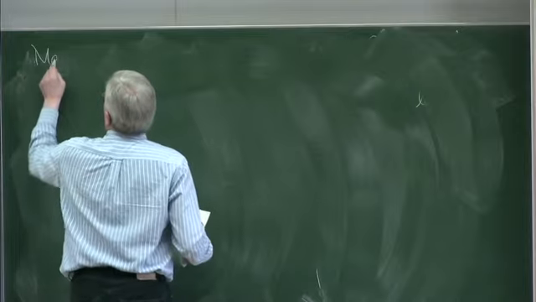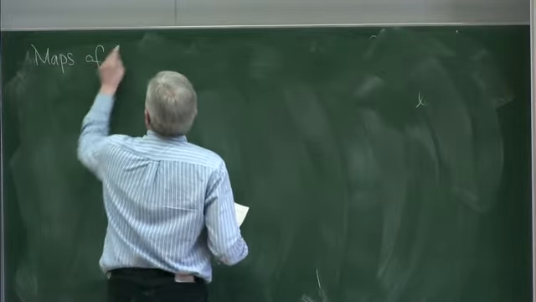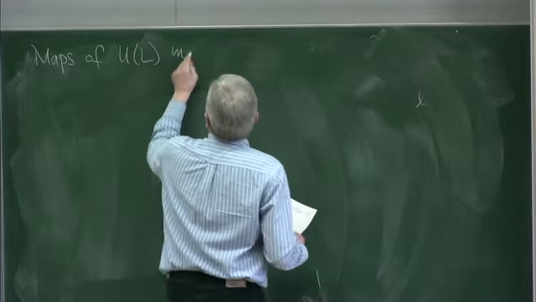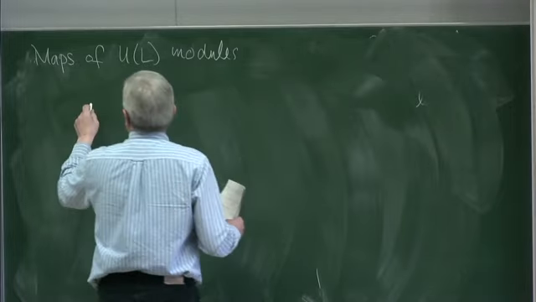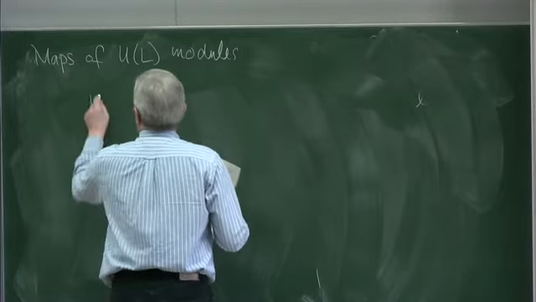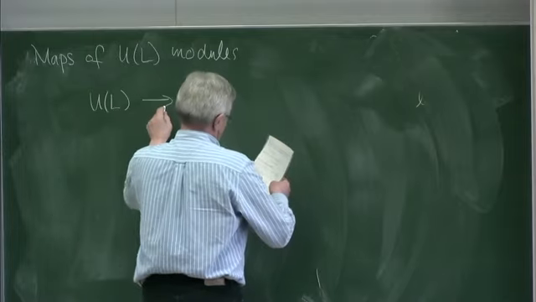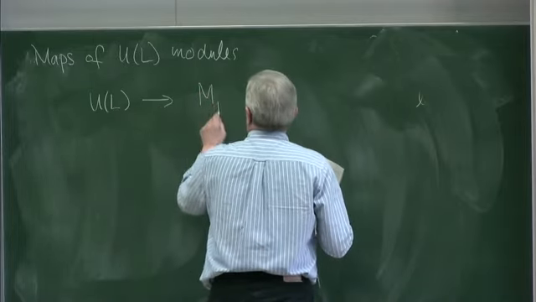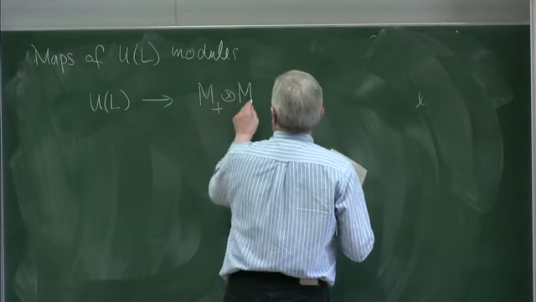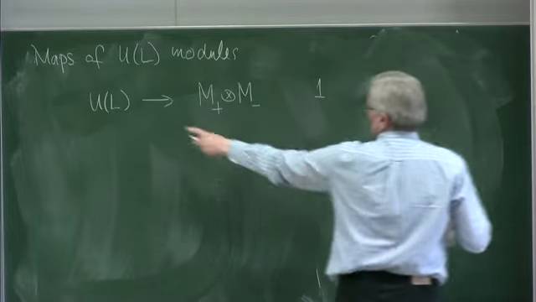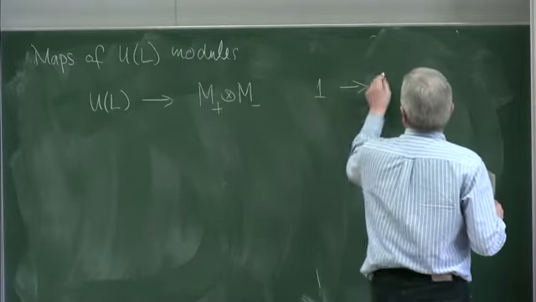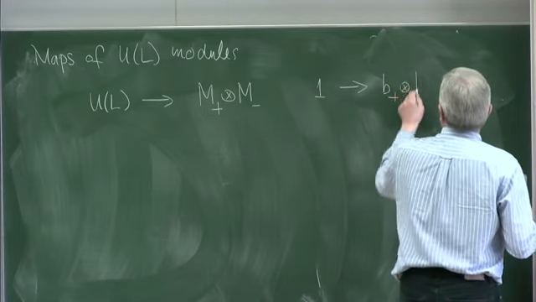So we get maps of UD modules. The first one is phi, and this map is given by 1, the unit in there goes to B plus tensor B minus.